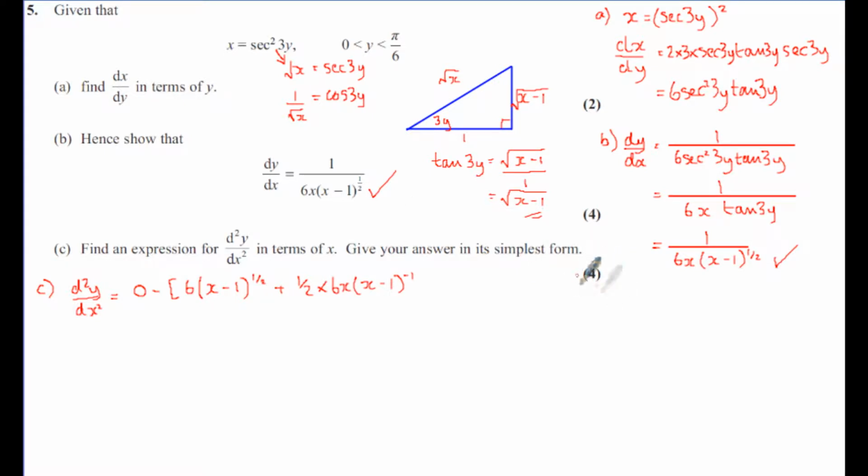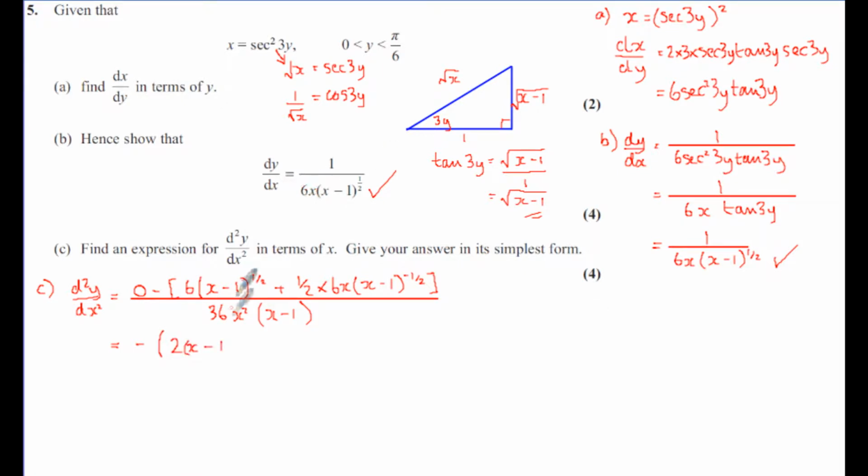So it's pretty straightforward to get a couple of those 4 marks again, like it was in these 4 marks, and then the final 2 are going to be a bit tricky. Tricky rearranging. So I do naught, take away the differential of the bottom, and it's a product rule. So I differentiate the 6x, which is 6, leave that one alone, differentiate that one, leave the 6x alone, and add them. And that's what I get.